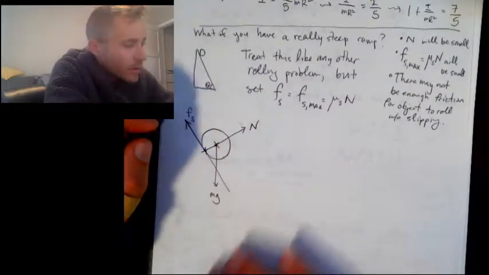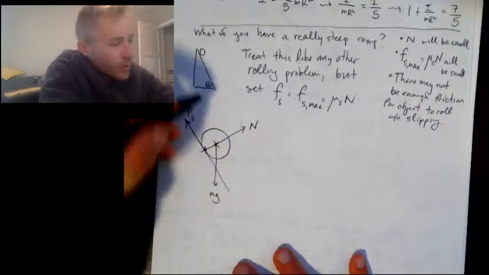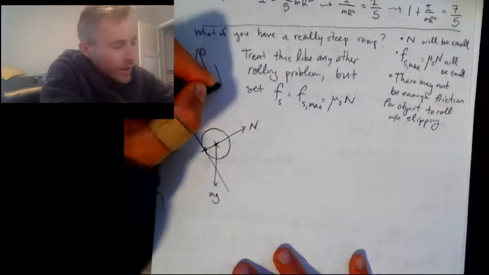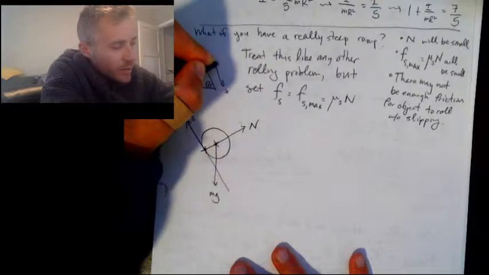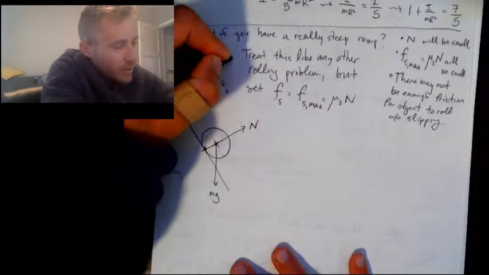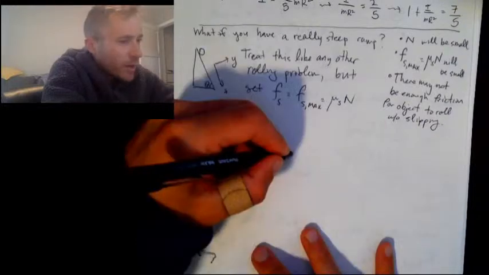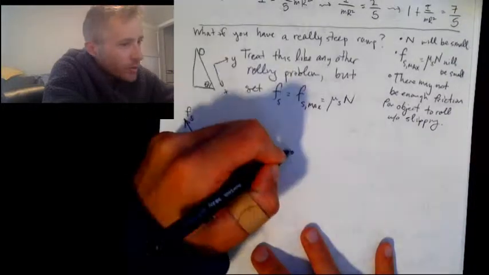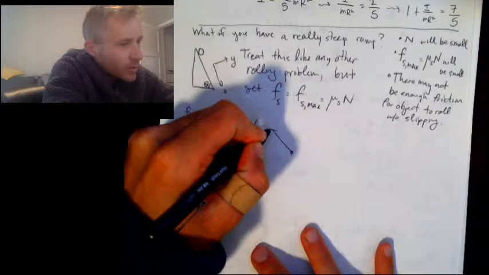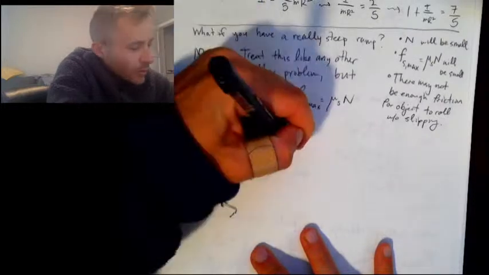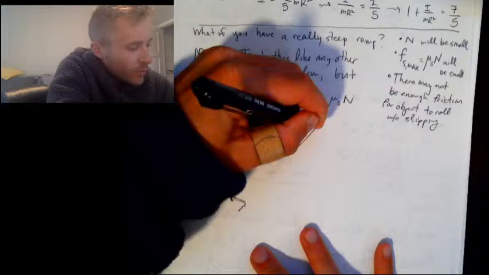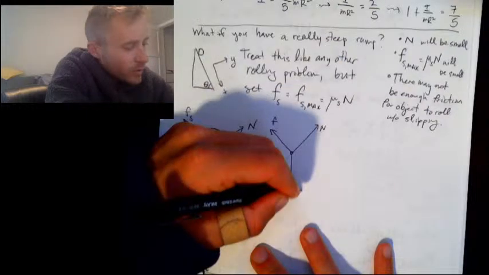Okay, so when I do this problem, I'm going to choose the x-axis to be down the incline and the y-axis to be perpendicular to the incline. So my free body diagram is going to look like this: static friction, normal force, weight force, mg.